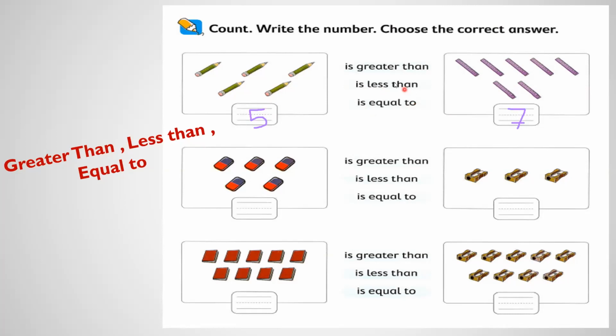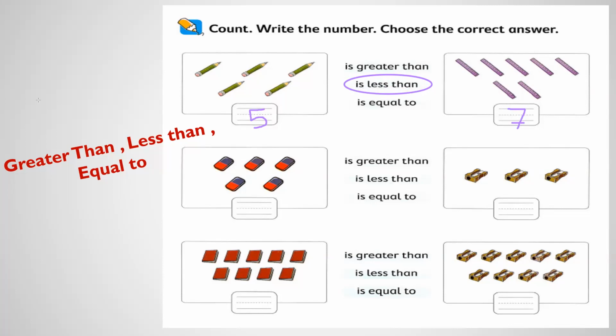Can you remember we said less than means small, greater than or more than means big, and equal means they are the same. Okay, so what are we going to choose? Number 5 here is, yes, smaller, and smaller means less than. So we can say 5 is less than 7.